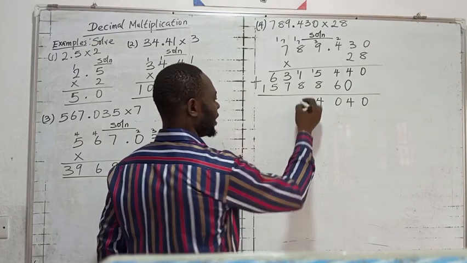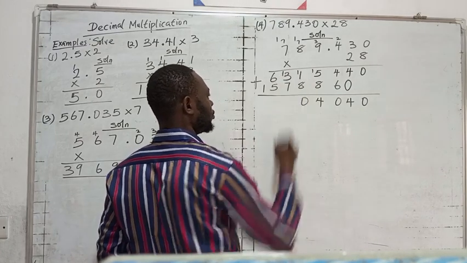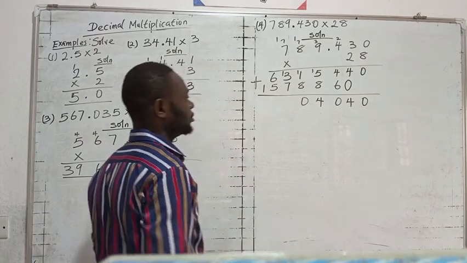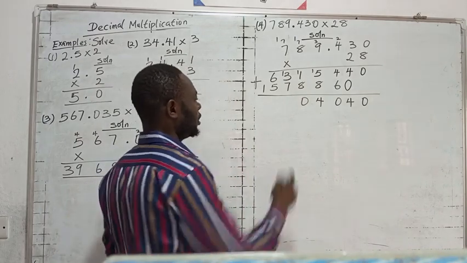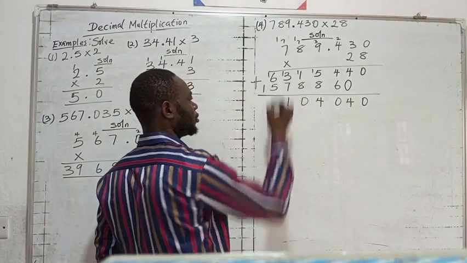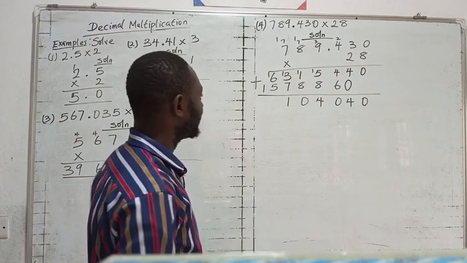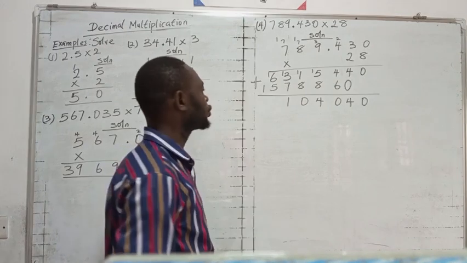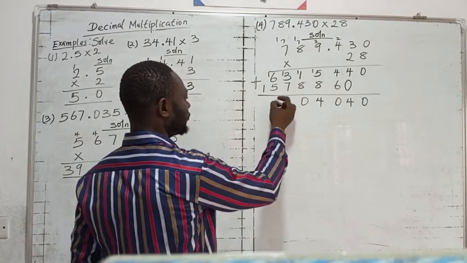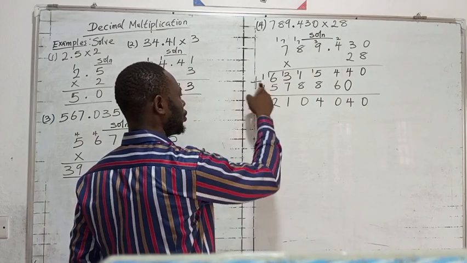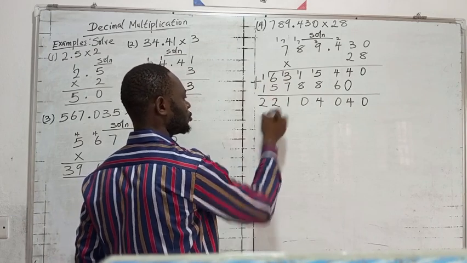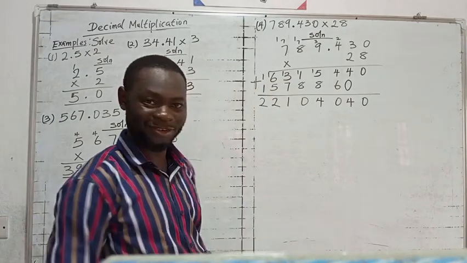Plus 1, 10. 0 carry 1. 3 plus 7, 10. Plus 1, 11. 1 carry 1. 6 plus 5, 11. Plus 1, 12. 2 carry 1. 1 plus 1, 2. We are done adding, right?